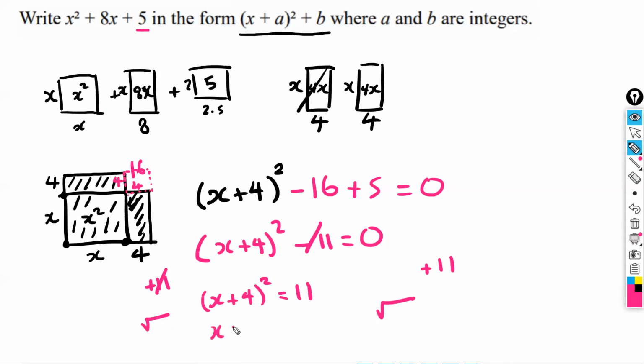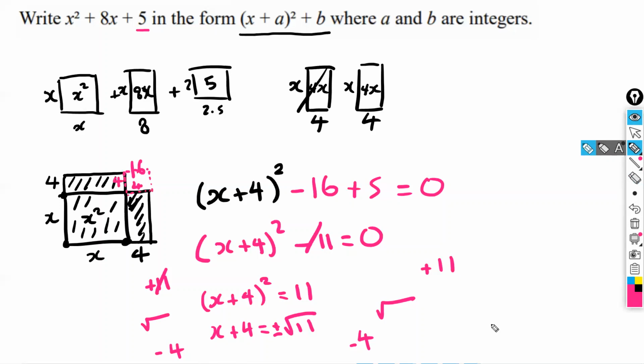What we'll be left with is x plus 4 is equal to plus or minus the square root of 11. And then to get rid of this 4, we would have to subtract 4 from both sides. What we'll be left with is x is equal to, and in fact, I better write this over here on the side.